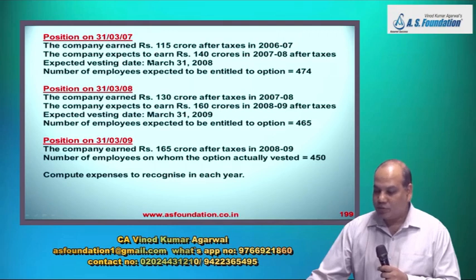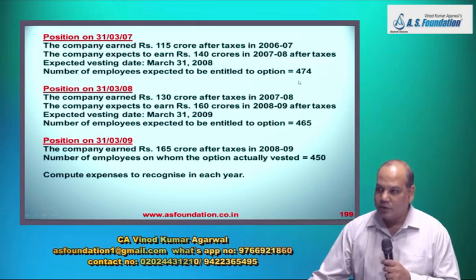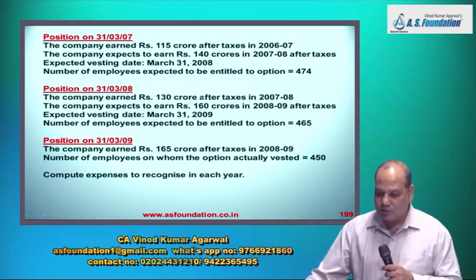The company expects to earn rupees 140 crore in 2007-8 after taxes, so the expected vesting date will become 31st March 2008 because now the total goes above 250 crore. So my vesting period at the end of year 1 will be 2 years. Management is expecting that by 31st March 2008 they will be able to achieve the target. Number of employees expected to be entitled to the option is 474. This calculation they have done.